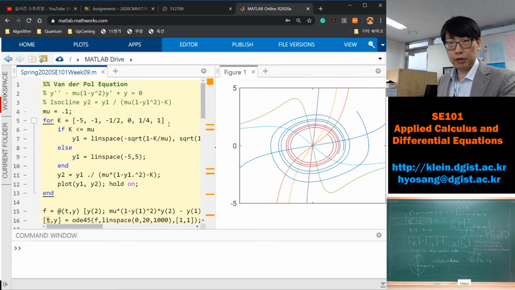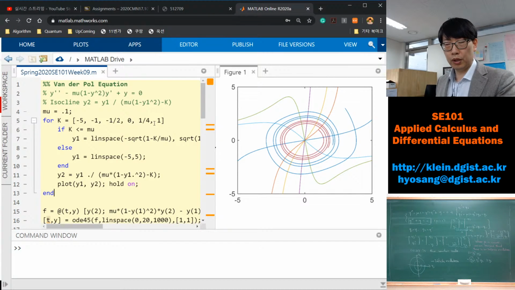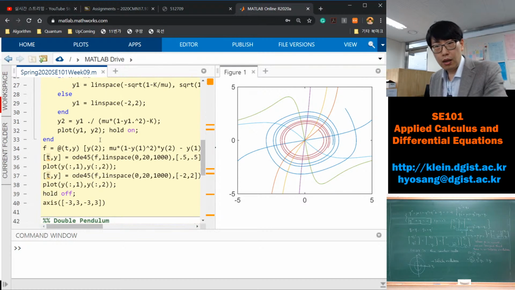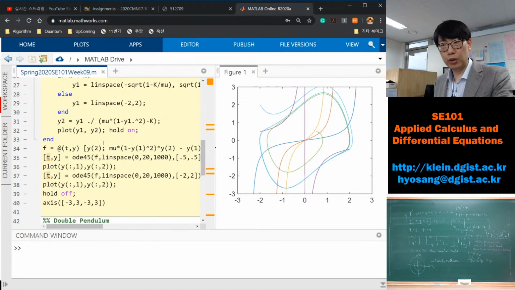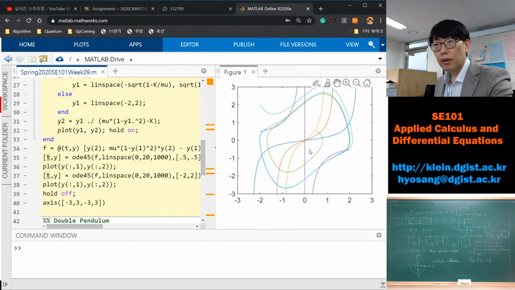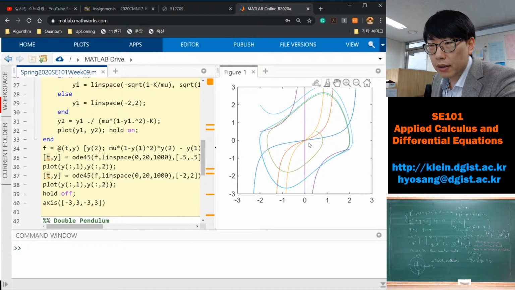So the first example was when mu is 0.1, comparatively close to 0. And what happens when mu is large? Let's say mu is 1, then I did my homework here, so it looks like this. So first of all, this curve is an asymptotic line. It should not be here.